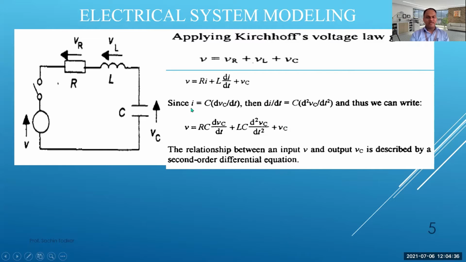We know that current is equal to capacitance multiplied by dVc by dt, and di by dt is equal to C into d square Vc by dt square. So by simplification we get V is equal to RC dVc by dt plus LC d square Vc by dt square plus Vc.